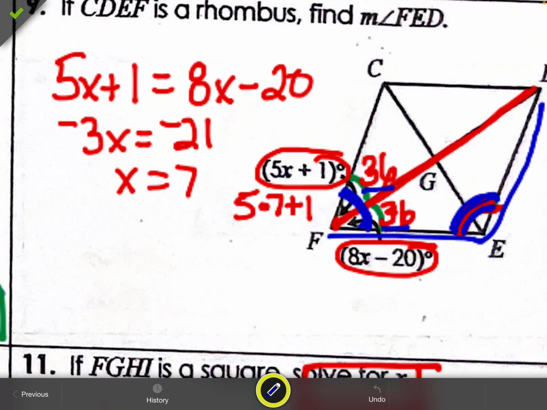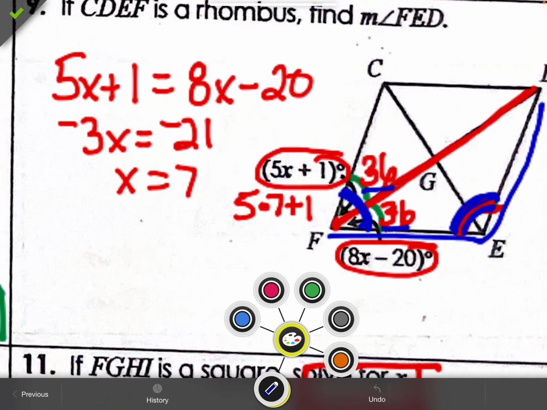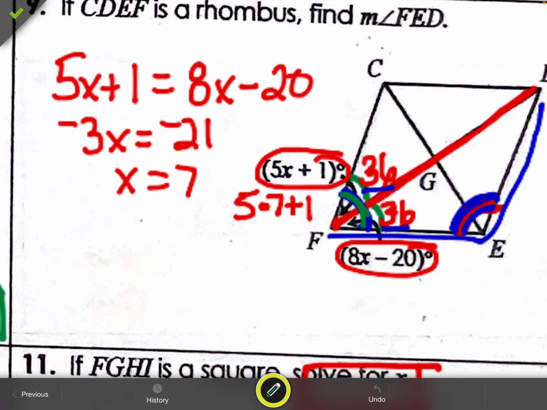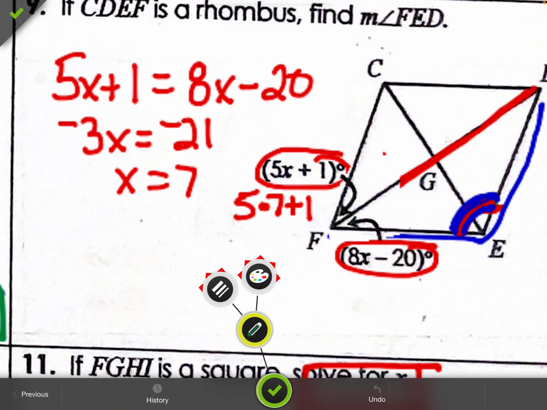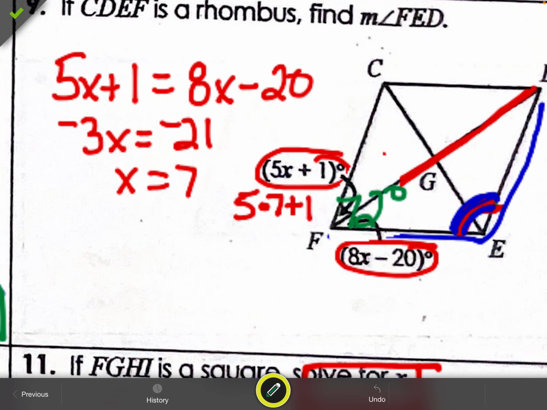Yeah, this whole angle right here is 72. Your picture's going to get a little messy looking, and that's hard to read, so let me take some stuff off my picture. We know the 2 pieces were 36 because we plugged in, but the whole corner F is 72 degrees. So let's put that. The whole corner is 72.